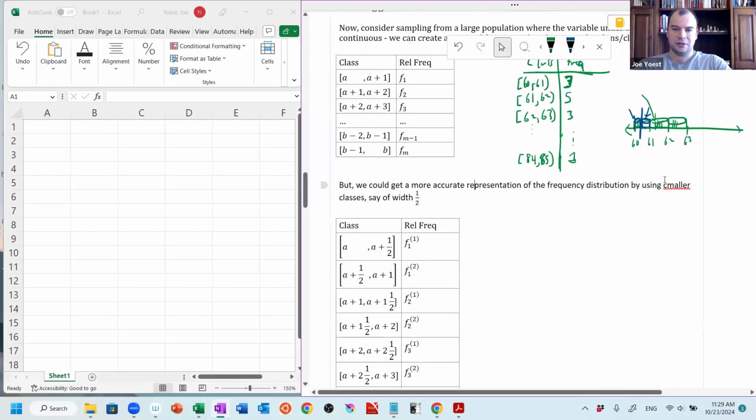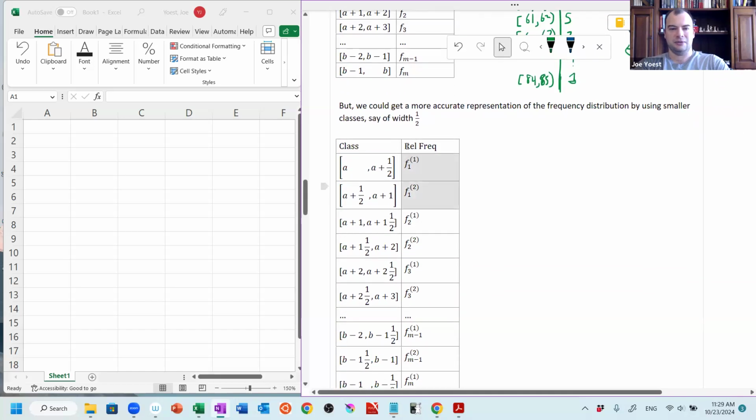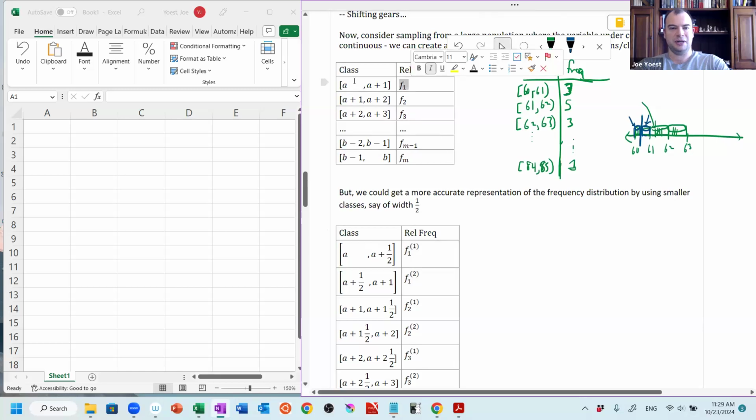Right, we could use smaller classes or smaller bins, say with half as much. And then our original frequency that, say, went into this bin from A to A plus 1, F1, we'd have 1 bit of that frequency that would go into the bin A to A plus a half, and then another bit of that would go in A plus a half to A plus 1.